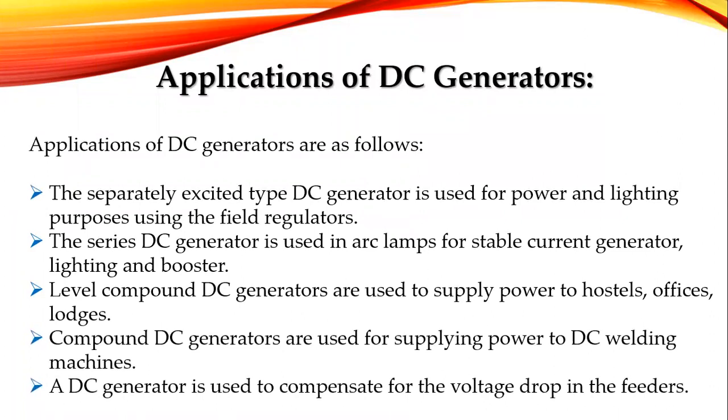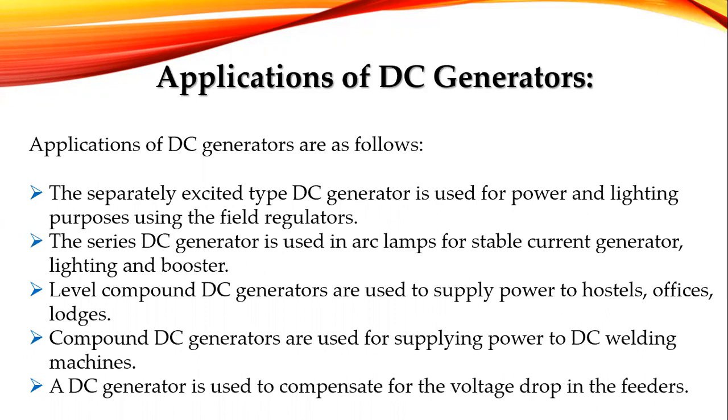Applications of DC generators. The applications of DC generators are as follows. The separately excited type DC generator is used for power and lighting purposes using field regulators. The series DC generator is used in arc lamps for stable current generation, lighting and as a booster.